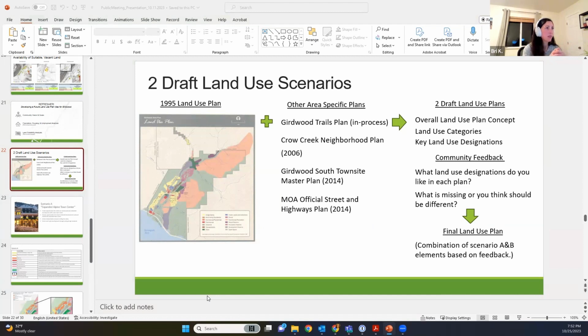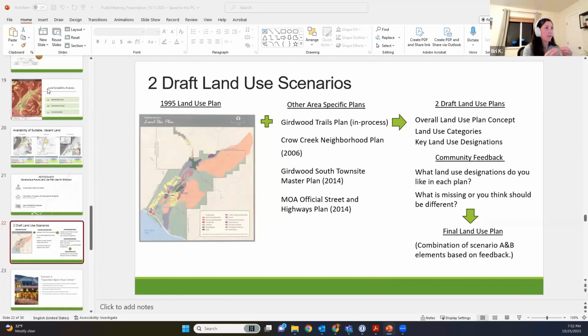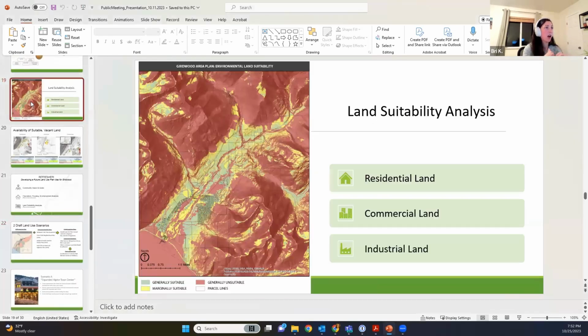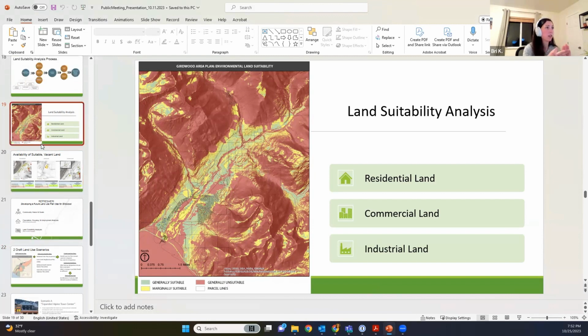In addition to that, we did do an environmental land suitability map. That was looking at different environmental factors that affect the potential for land to be developed. This is a great slide to go to. We looked at several different things such as slopes, avalanche hazards, flooding hazards.